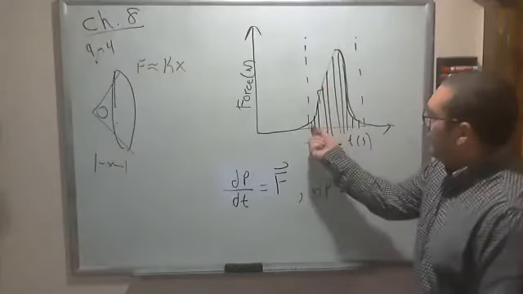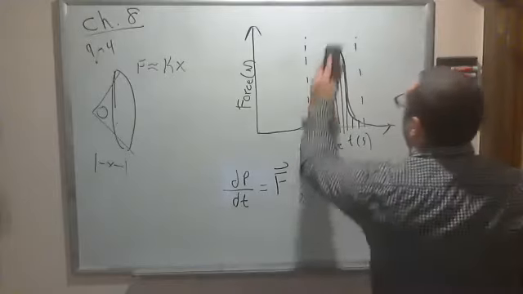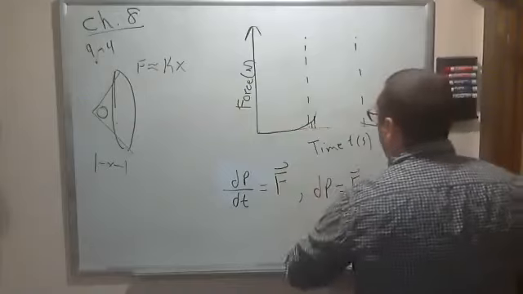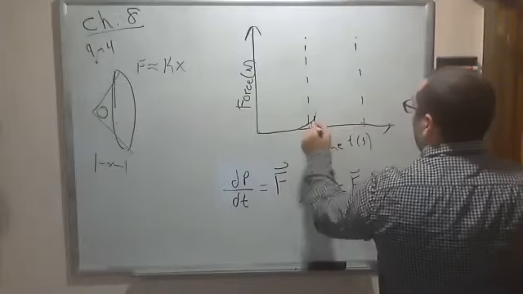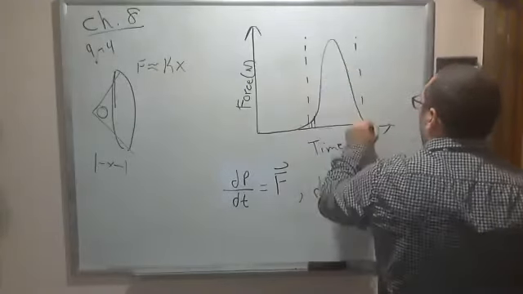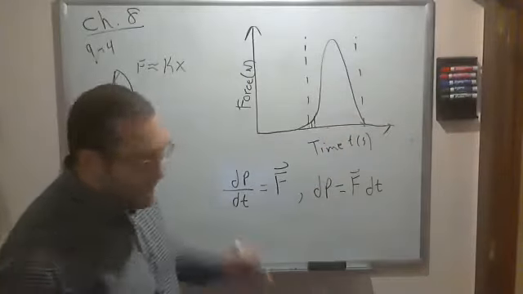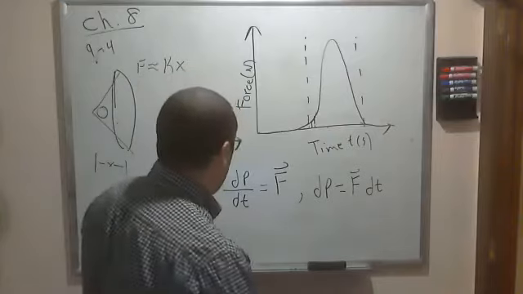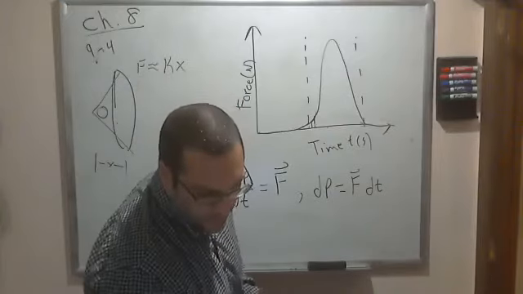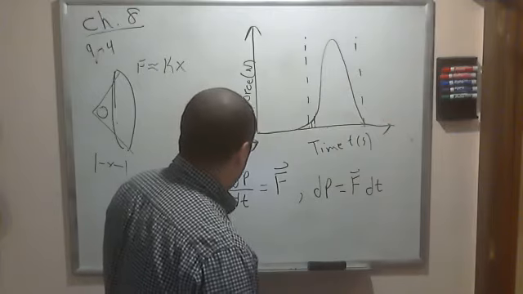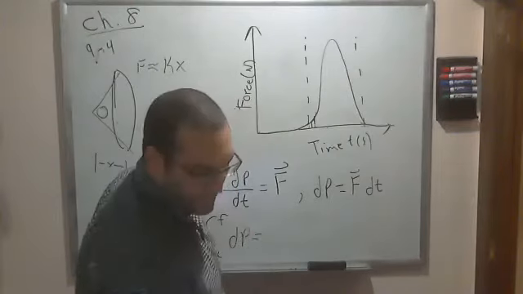That means we integrate, summing up the forces along each infinitesimally small interval. We can calculate the total momentum. So in this case, we go from the initial to the final momentum. All we have to do is integrate.